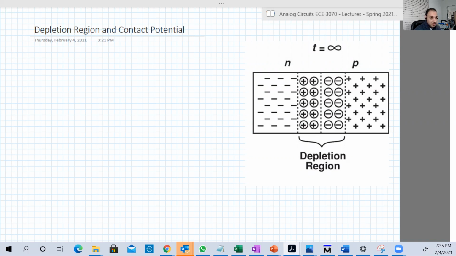Last time we learned that if we put an n-type sample and a p-type sample in contact, holes and electrons from both sides will start to diffuse to the other part.